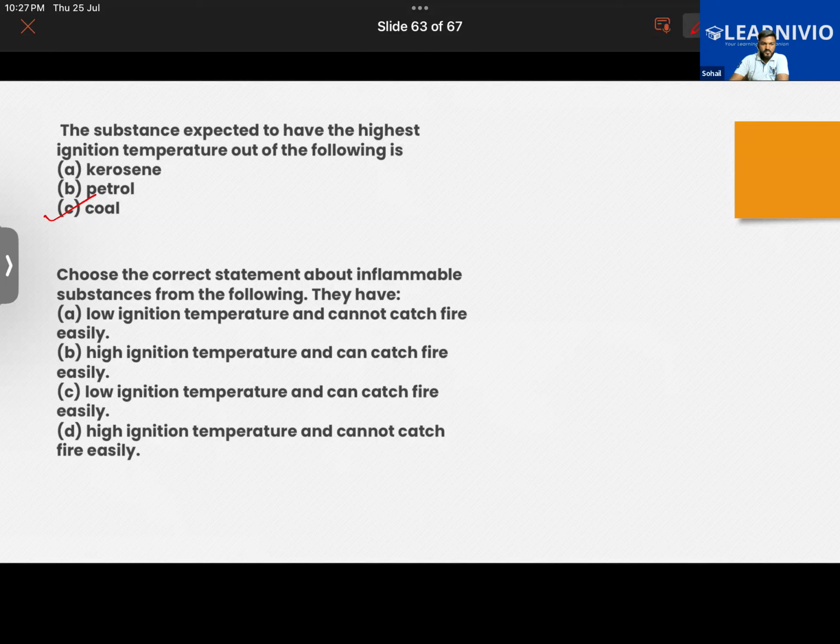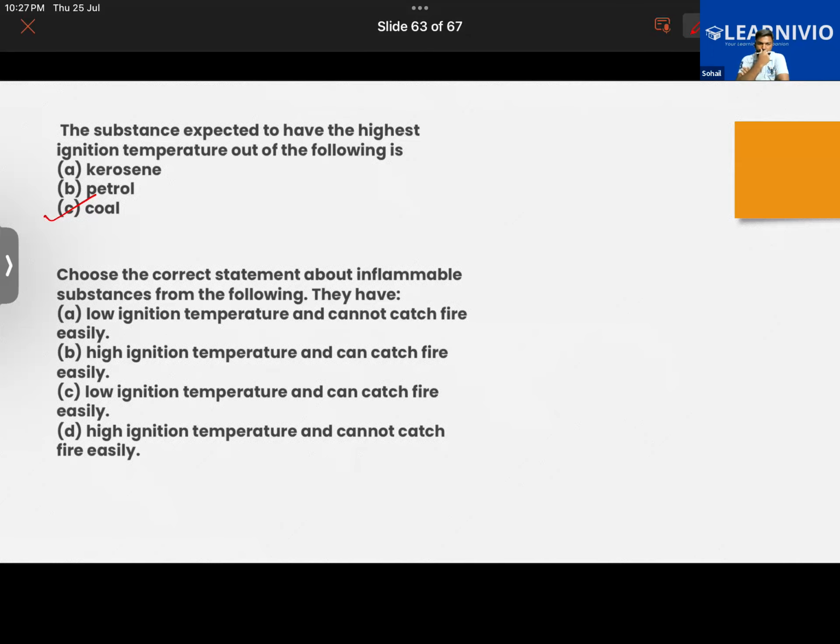High ignition temperature and can catch fire easily. Low ignition temperature and can catch fire easily. High ignition temperature and cannot catch fire. Which is the correct option?